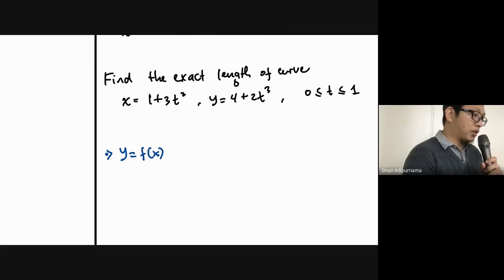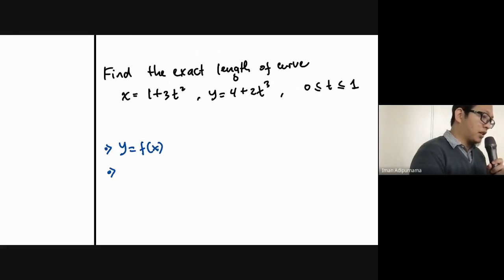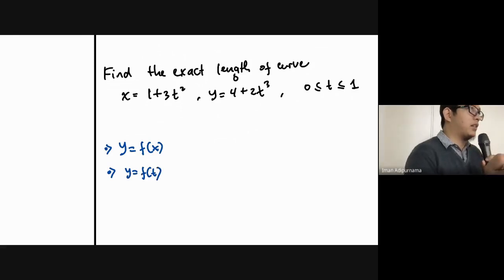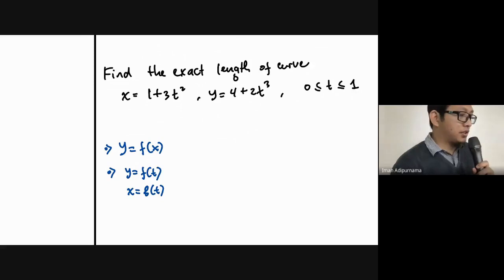You know this from calculus 1, but now both y and x are functions of another variable. We call the variable the parametric variable. It's usually t, but it can also be theta or any variable. So x and y are functions of t.